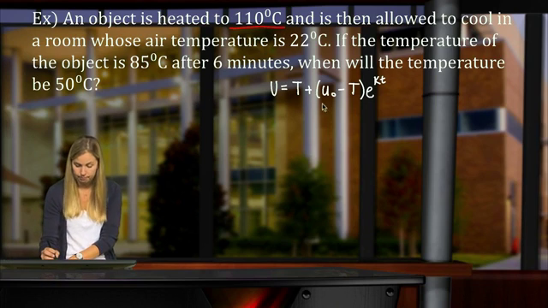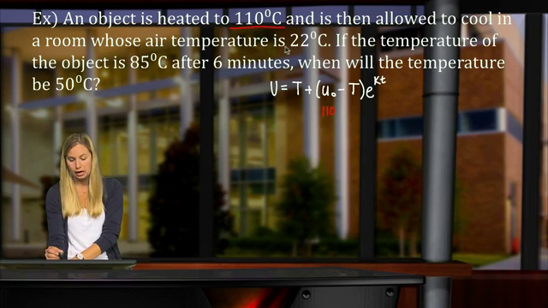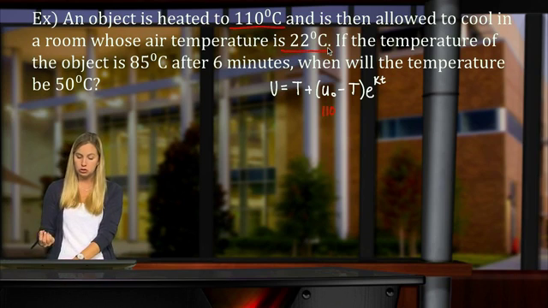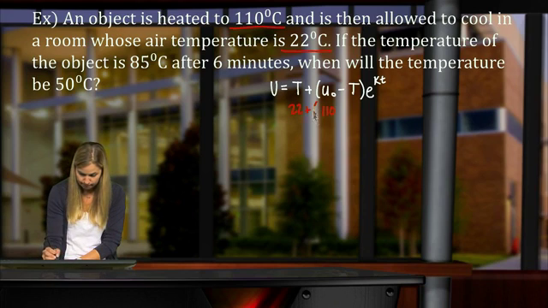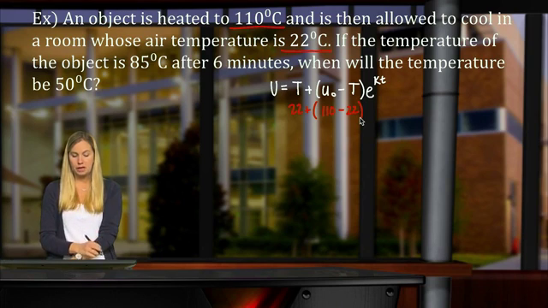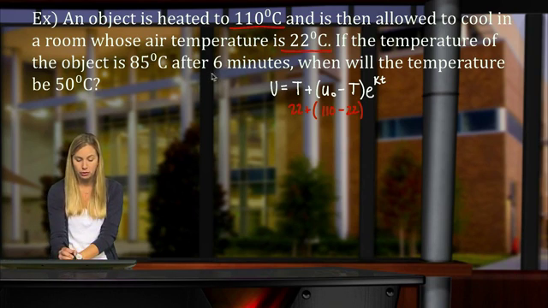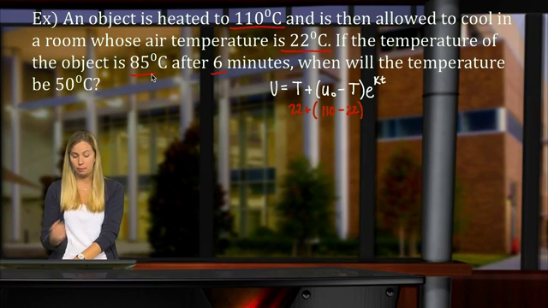That's our U naught. Is allowed to cool in a room whose air temperature is 22 degrees. That's our capital T. The temperature of the object is 85 degrees after 6 minutes. So here we've got our time and our future amount.